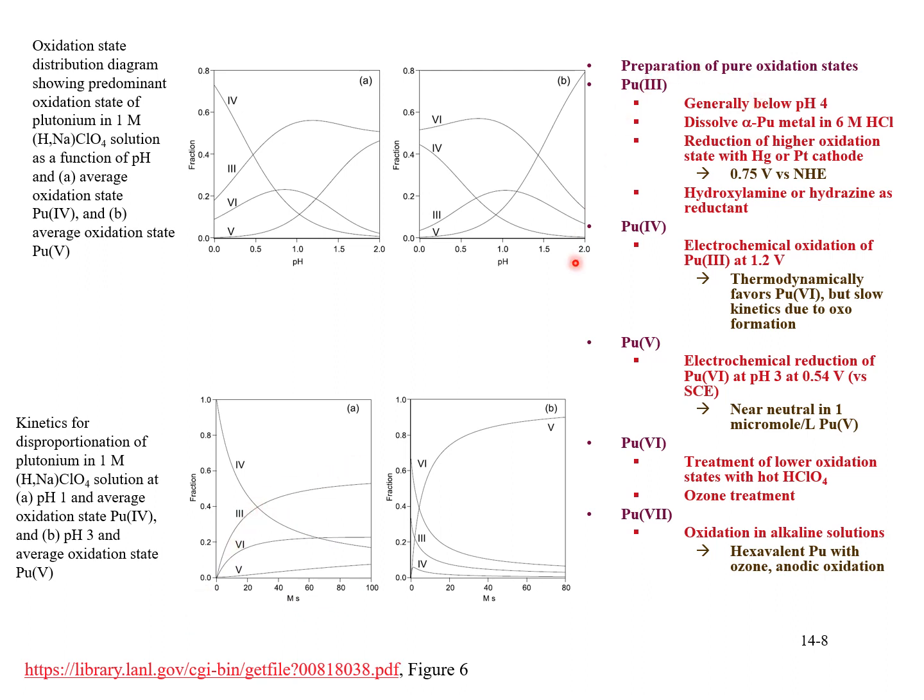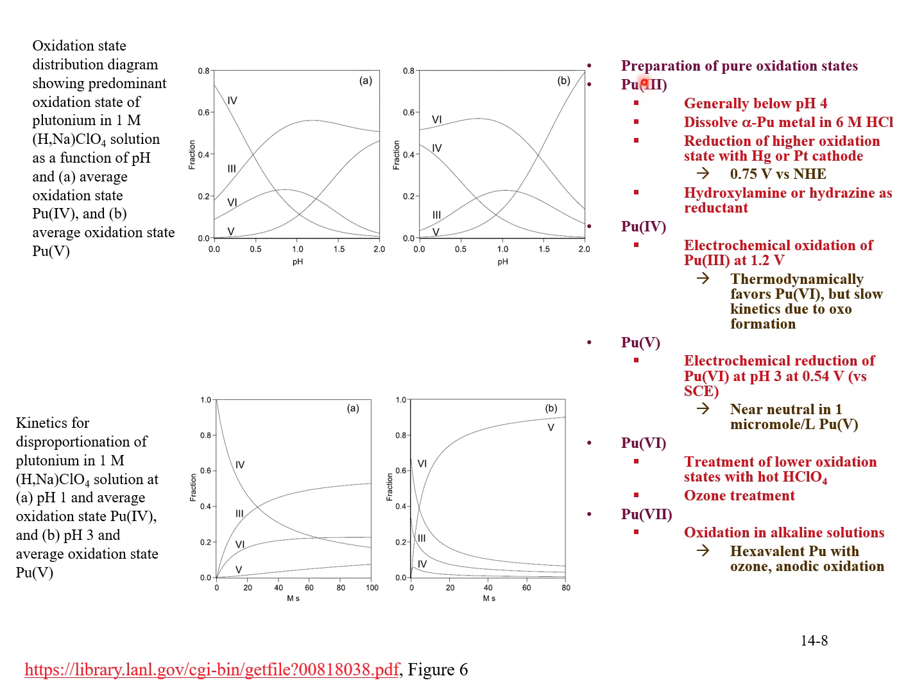Here are routes for producing different oxidation states of plutonium. These can be coupled with the redox information that was shown on the previous slide. This is the general route of making a given oxidation state, if you wanted a stock solution that was just one plutonium species.